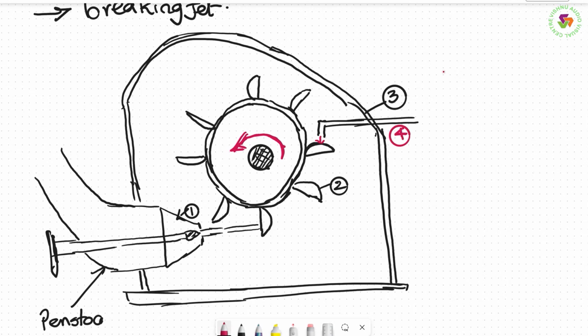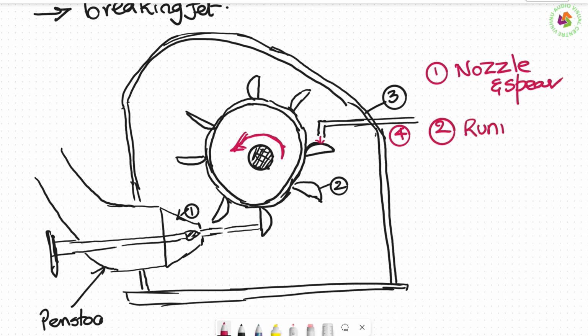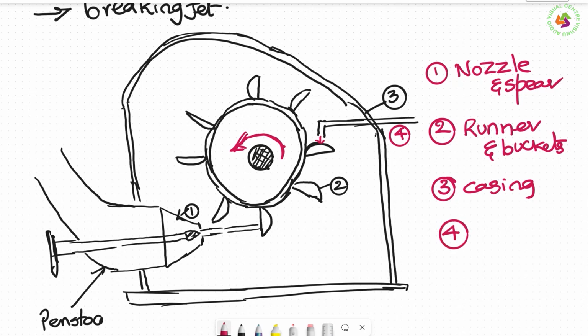So what are the components again? One, the nozzle and spear arrangement. Two, the runner and buckets. Third is the casing, and fourth is the braking jet.